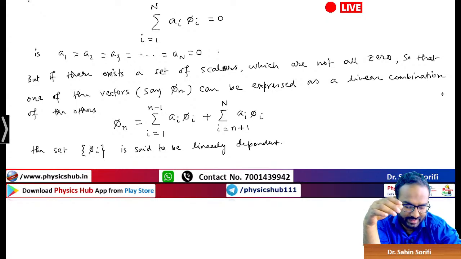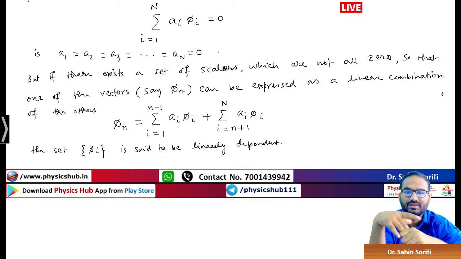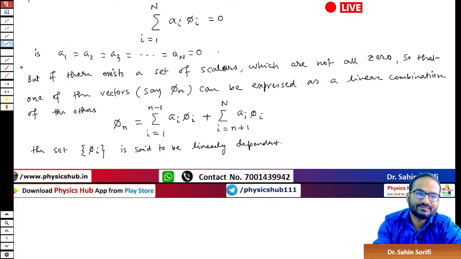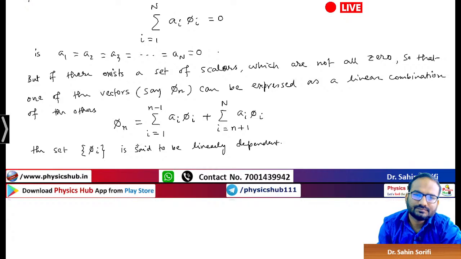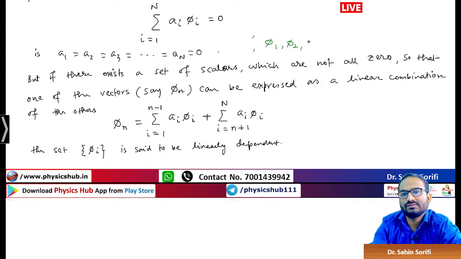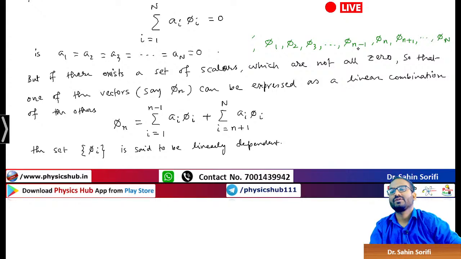No, it is not like that. You can imagine it in this way. We have these vectors phi 1, phi 2, phi 3, phi n minus 1, phi n, phi n plus 1, so on up to phi capital N. So in this way there are N number of vectors.